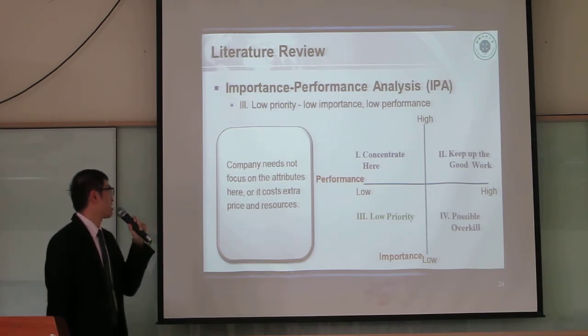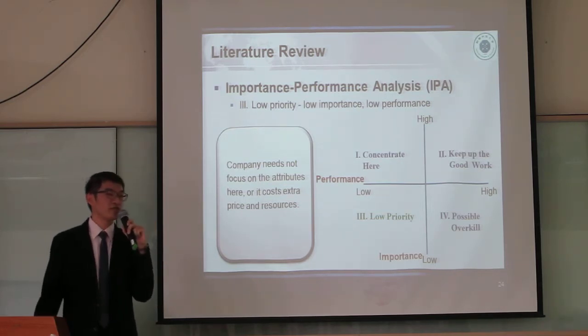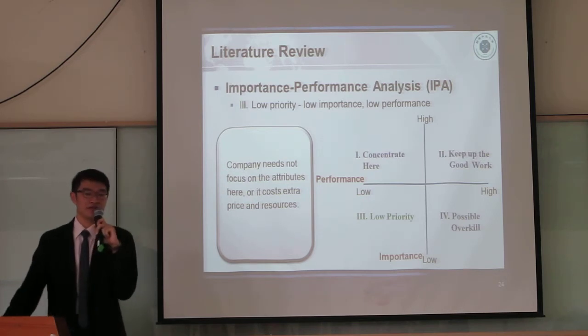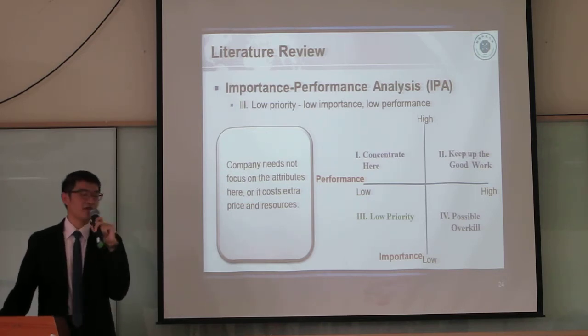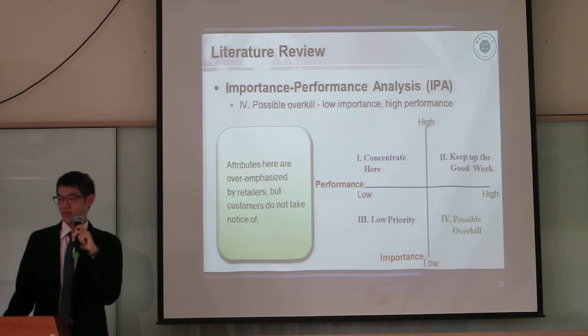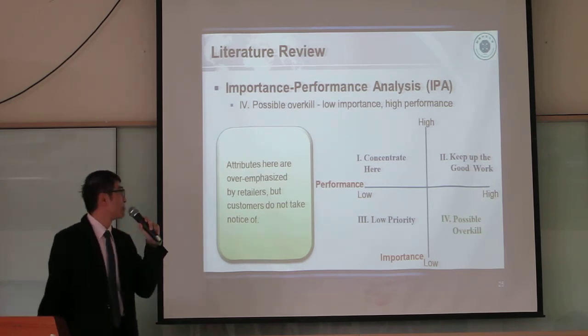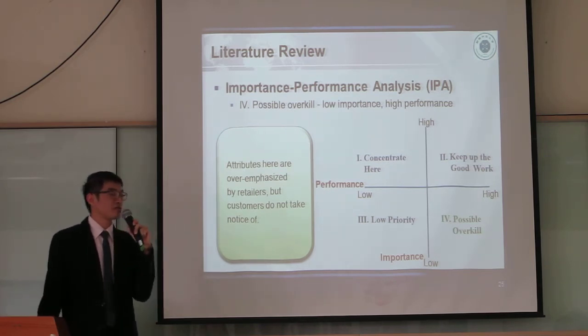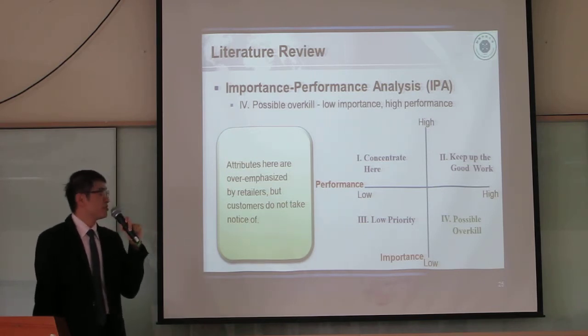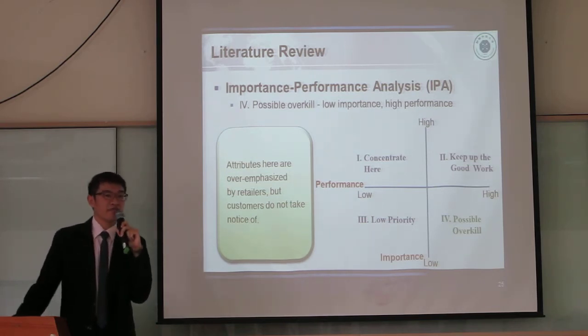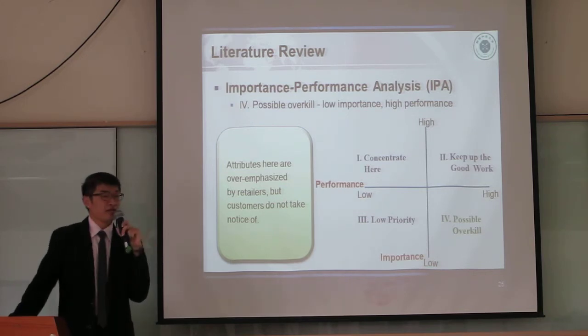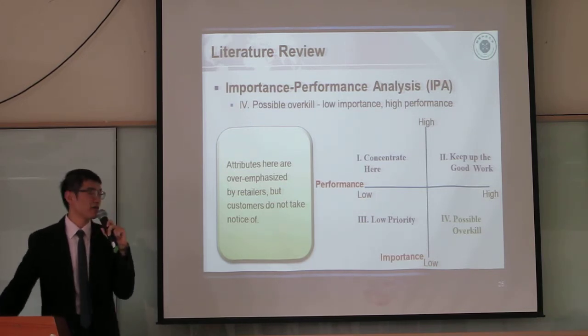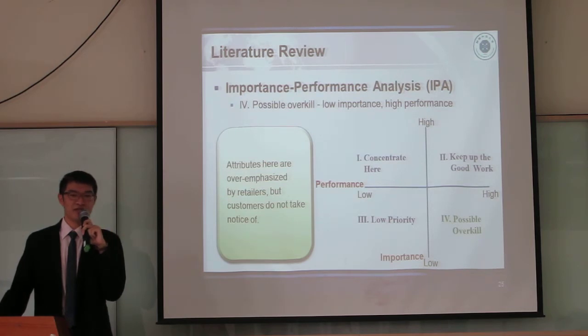This means that the company need not focus on the attributes here, or it will cost extra price or resources. The fourth, possible overkill, means low importance and high performance. Attributes here are overemphasized by the retailer, but customers don't take notice of them.